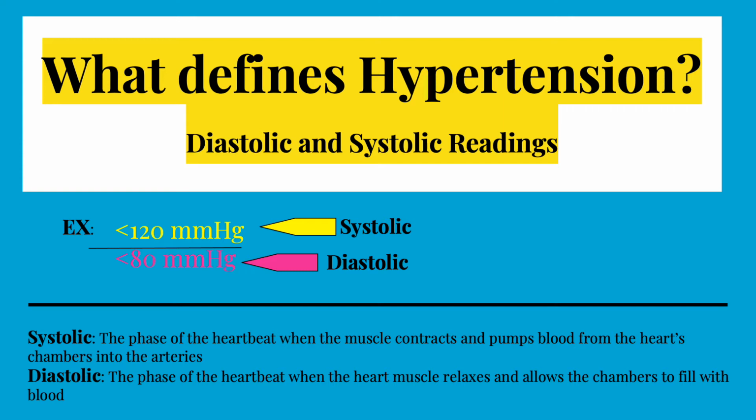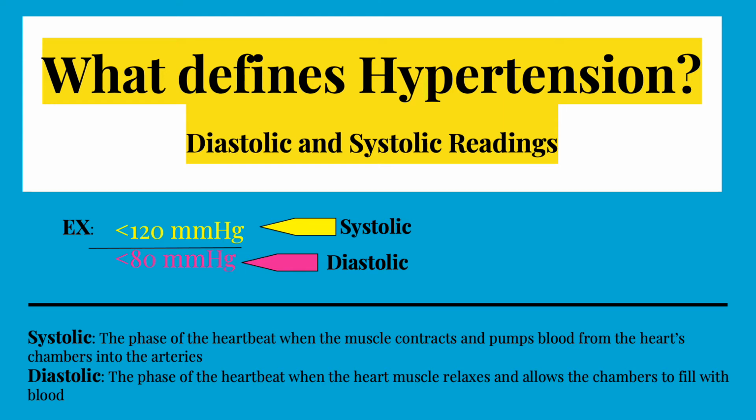That's always going to be above the diastolic number. And you'll see it reads less than 80 mmHg. Usually anything under those two numbers is considered healthy unless they're considerably below either 120 or 80.